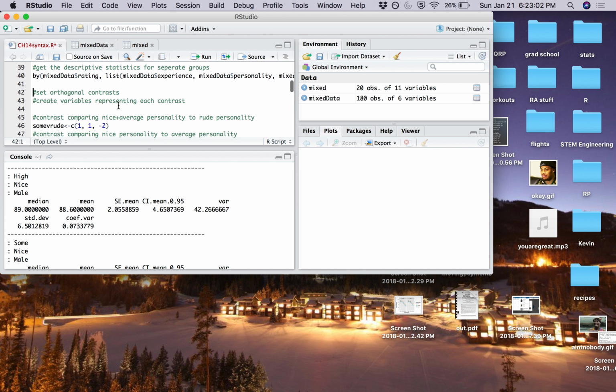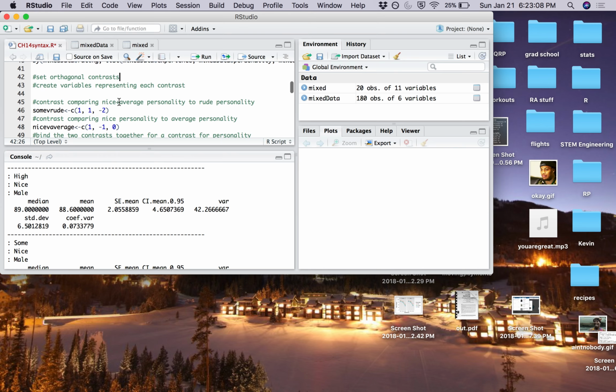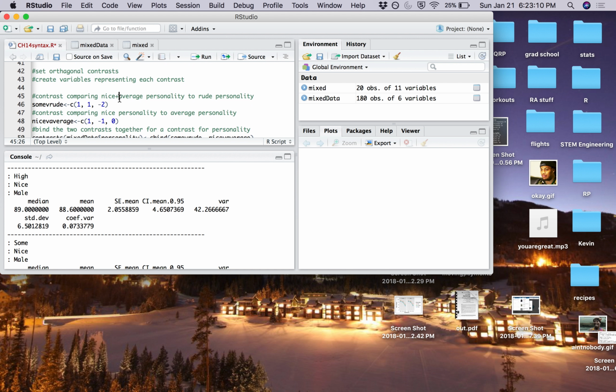And next, we're going to set the orthogonal contrasts, and so we have to create variables representing each contrast. So the 2 lowest levels of personality and experience are rude and none, respectively. So we're going to use these as our control.